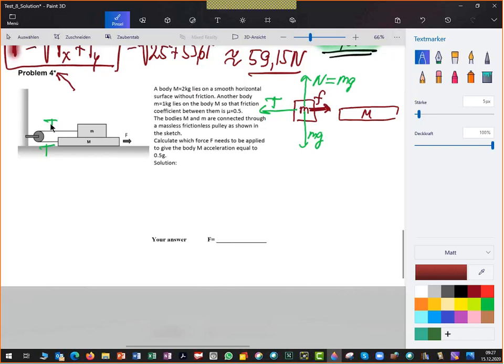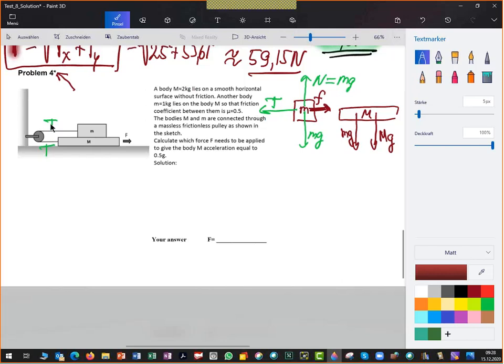Now m large. Here please be careful, because in vertical direction we have first of all its weight, m large g. It also has the weight from the smaller body, that means m small g, right? So I have not double but increased load on the ground from both bodies.